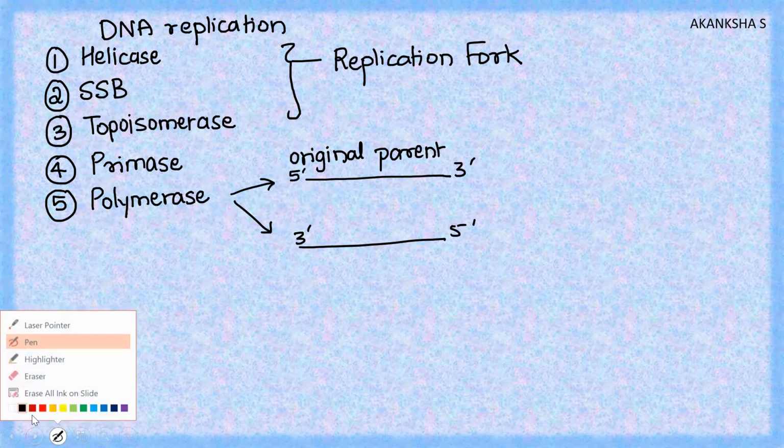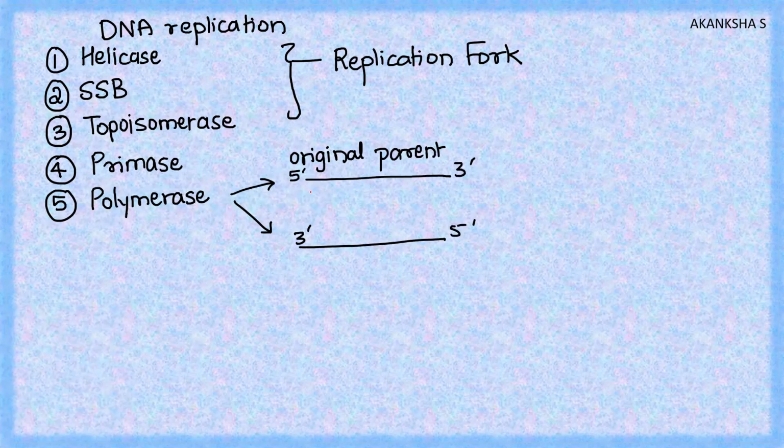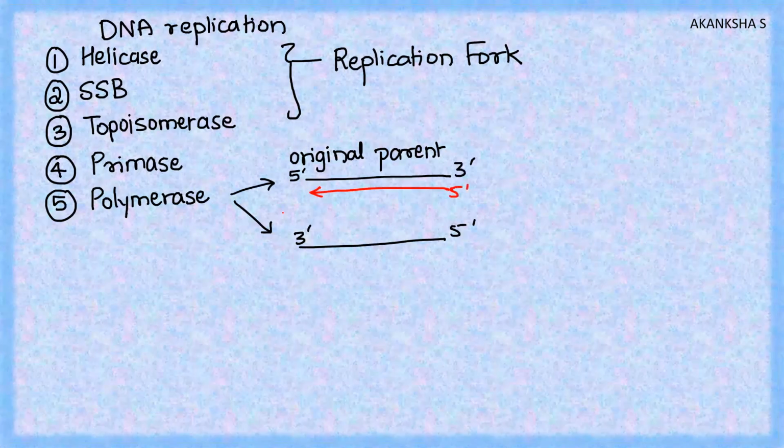So how would the baby strands be formed? Over here, the direction 5 prime to 3 prime would be easily formed because polymerase works in the 5 prime to 3 prime direction. So this baby strand being produced would be a continuous strand and we would be calling it the leading strand.